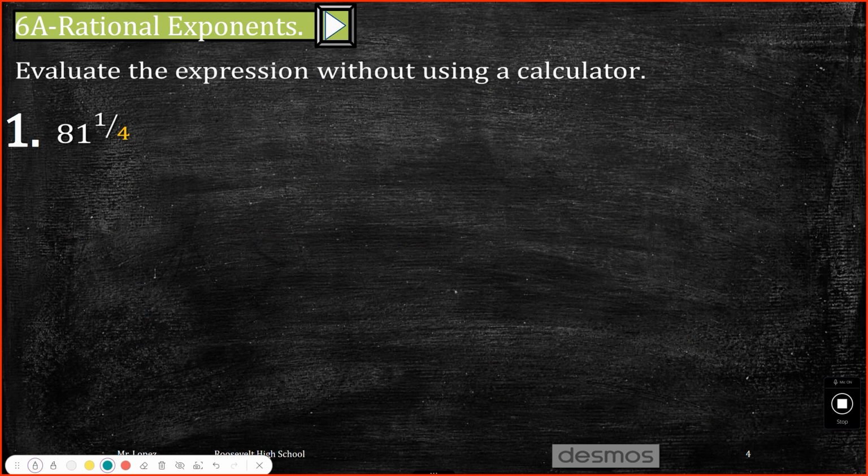Evaluate the expression without using a calculator. What is 81 to the 1/4 power? This is a fractional exponent. So the way you do this is you're going to rewrite it in radical form.